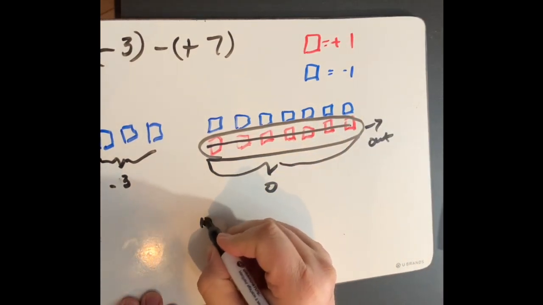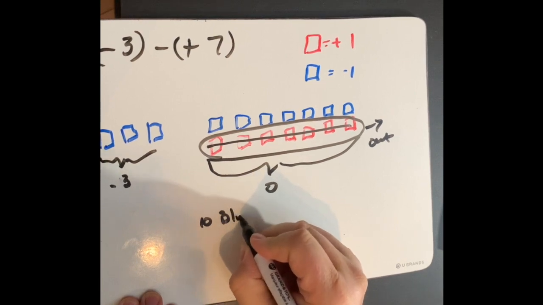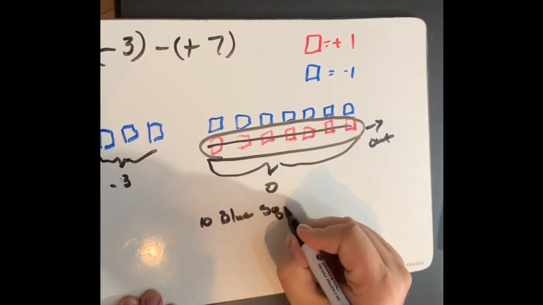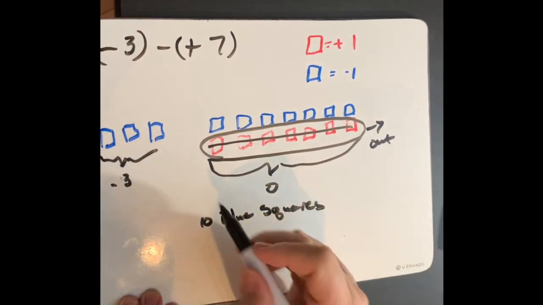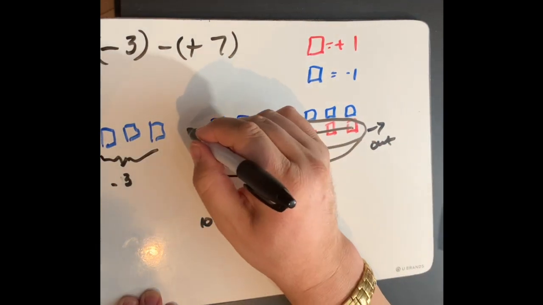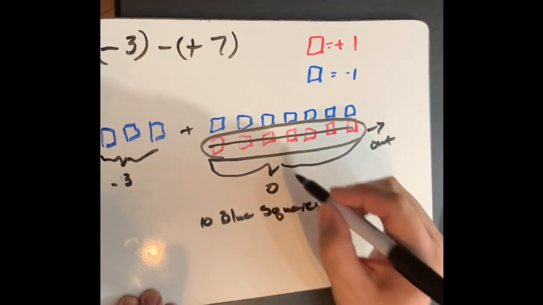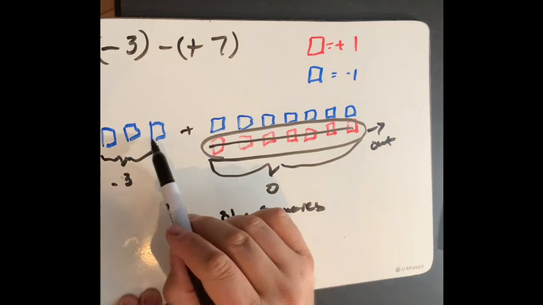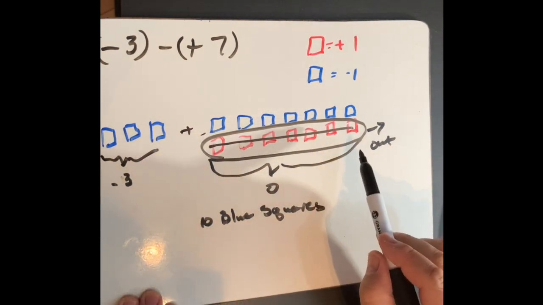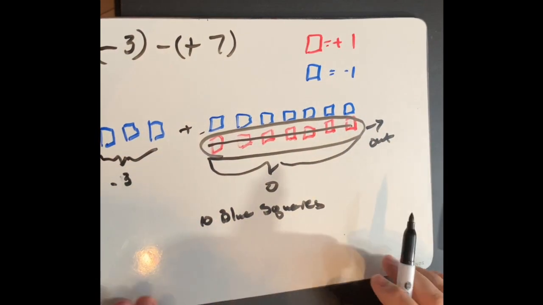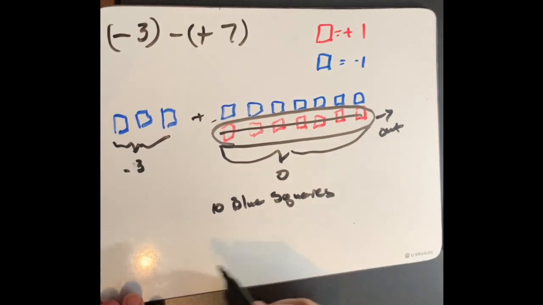So I now have 10 blue squares. You can also see that this has become addition, and I'm now adding my 3 blue squares to my 7 other blue squares. So what's happening here is this.